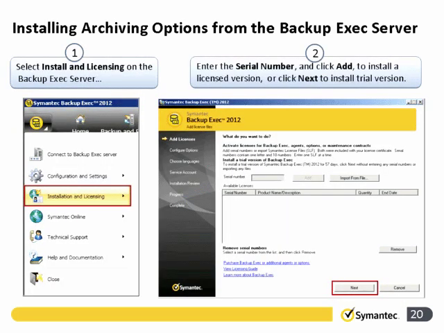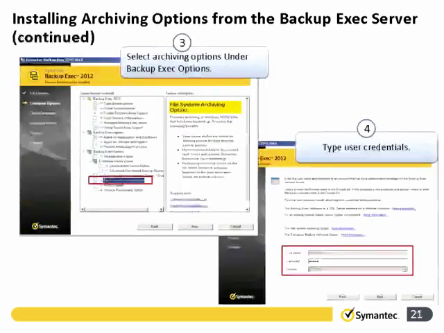To install the archiving options, we're going to go to the Backup Exec button, Installation and Licensing. It will ask you for a serial number or a license key. And then you can select either the File System Archiving option or the Exchange Mailbox Archiving option. They're licensed independently of one another.